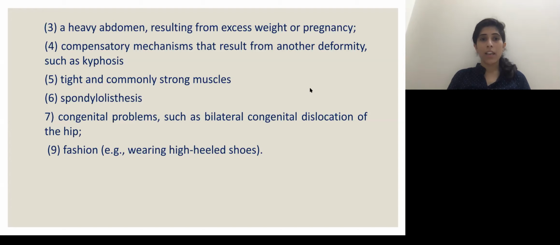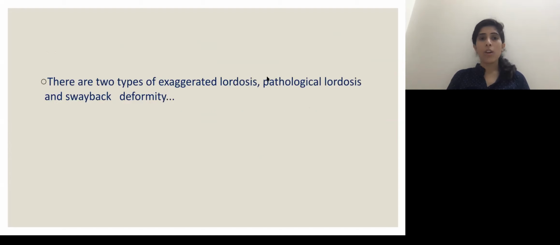Then tight and commonly strong muscles, as I said. Then spondylolisthesis, that is the displacement of one vertebral body over the other. Congenital problems such as bilateral congenital dislocation of the hip, and wearing high heels for fashion, can also increase the lumbar lordosis.